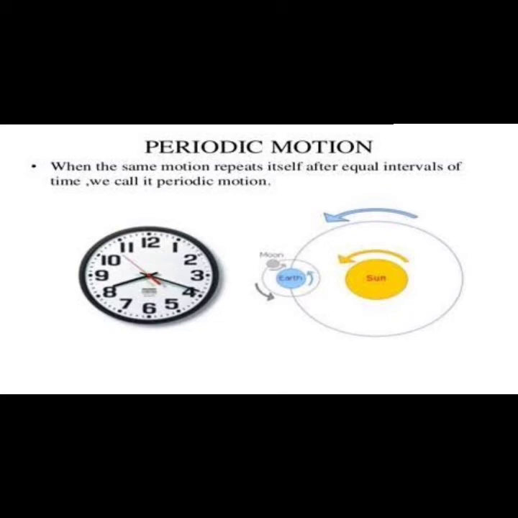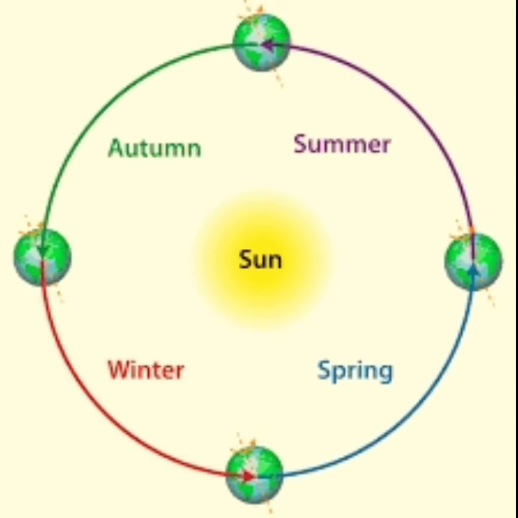Or the motion of the second hand in a watch. Motions that are repeated after regular intervals are called periodic motion. Also, the revolution of the moon around the earth is an example of periodic motion.